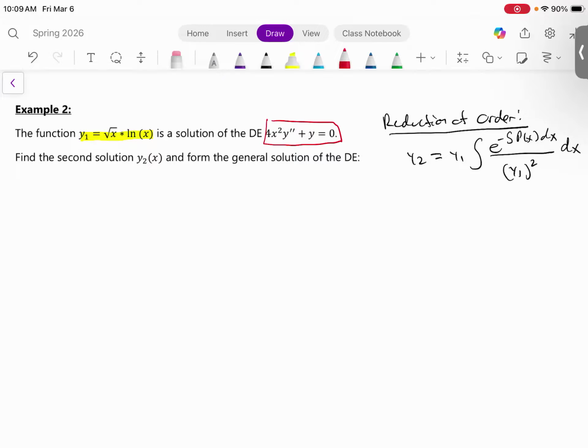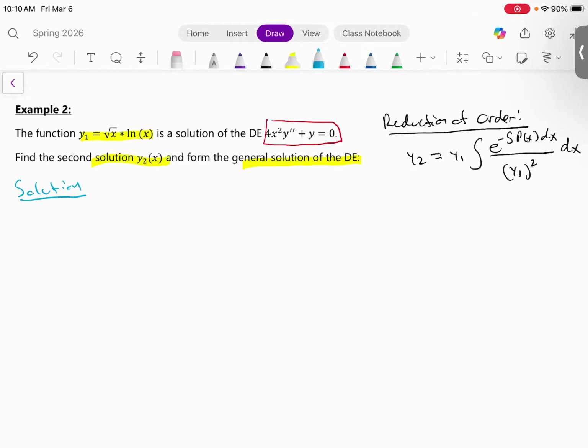So we want to find a second solution, y2, of the differential equation to form a general solution. So here we're going to use reduction of order to get this second solution. I have the formula right here as well. So let's go ahead and figure out the second solution.